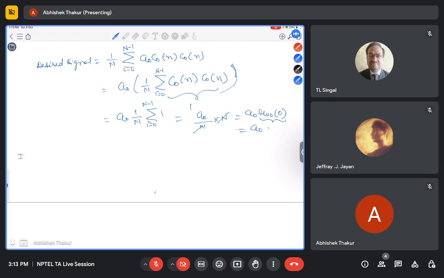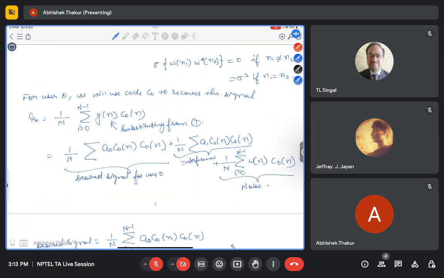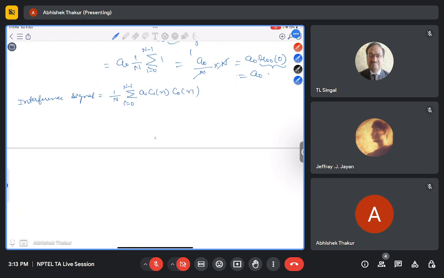Now coming to the interference part. This is equal to 1 by N times the summation for n equal to 0 to N minus 1 of A1 C1[n] C0[n]. We take A1 outside, so here it will become C1[n] times C0[n].